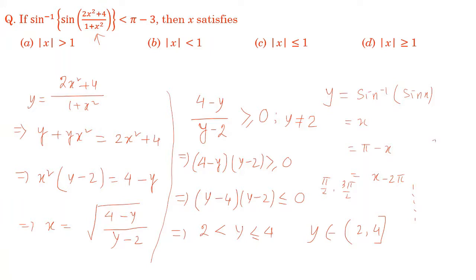You see here, 3 into pi by 2, that is 3 into 22 by 7 divided by 2, that is 33 by 7, which is 4 point something. So obviously y is in this sense, pi by 2 up to 3 pi by 2.